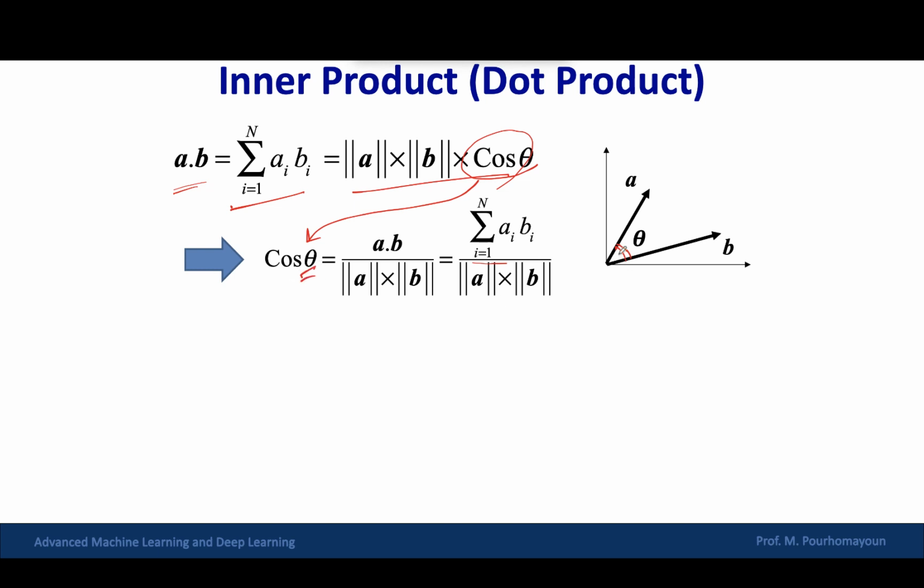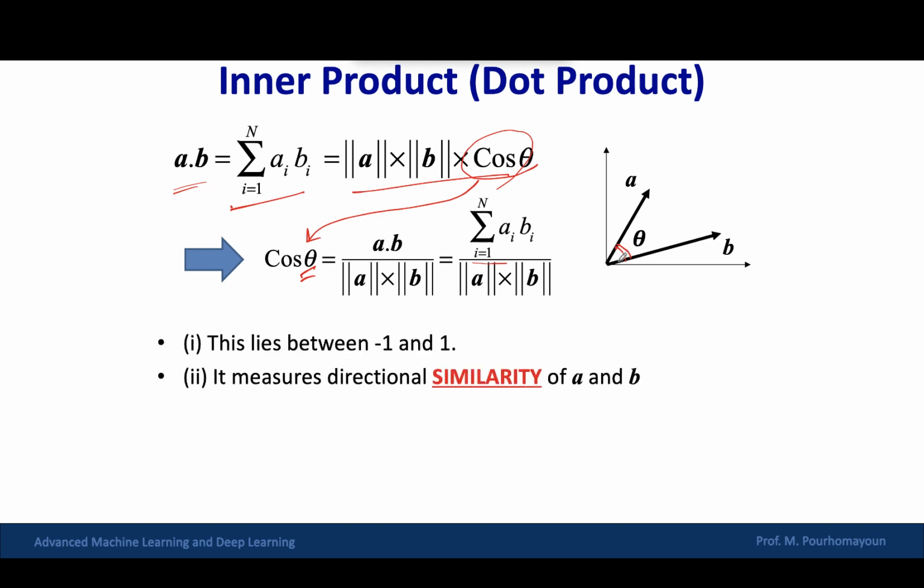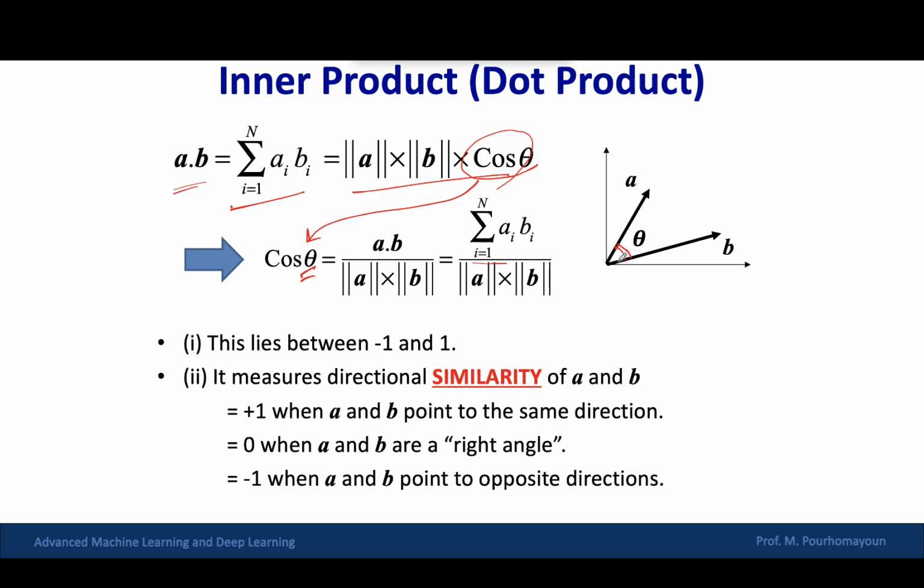Theta, the angle between vectors, is important because, as I just mentioned, it is one very important and popular metric that measures similarity between two vectors. It tells me how similar A is to B.